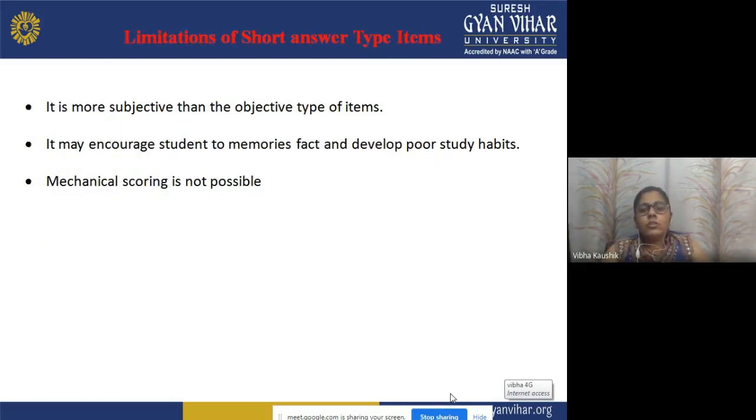Now, limitations of short answer type items. It is more subjective than the objective type of item. The short answer type items constructed by the teacher are not objective type items; they are subjective in nature. It may encourage students to memorize facts and develop poor study habits.